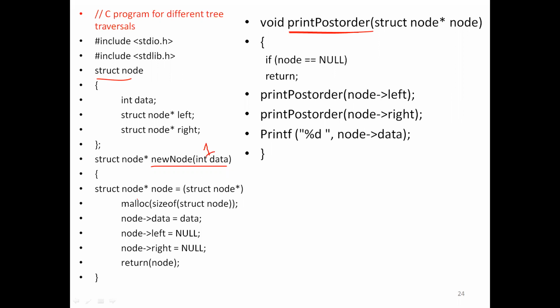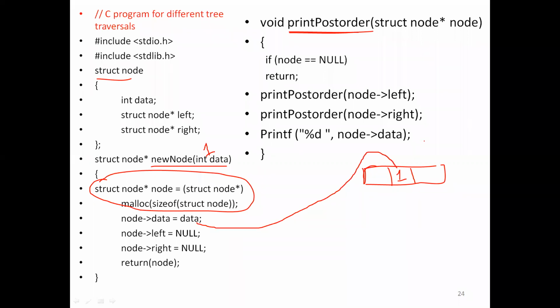Once it is assigned with 1, now we are creating a node. Let me draw here. Data is assigned with 1. This is the newly created node, and this newly created node's address is stored in node.